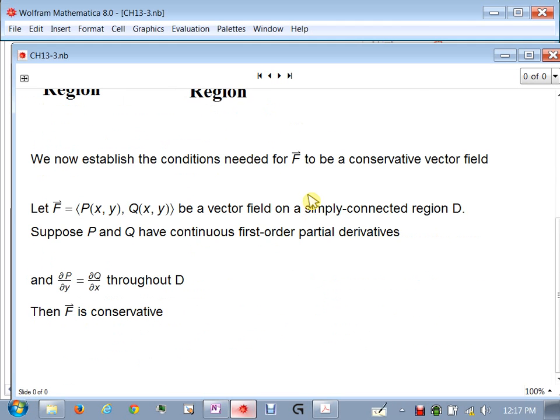To check for a 2-dimensional vector field to see if it's conservative, you do partial P with respect to Y. Is that equal to partial Q with respect to X? Hold on a second. Isn't that this? If these two are equal, what is this? 0.